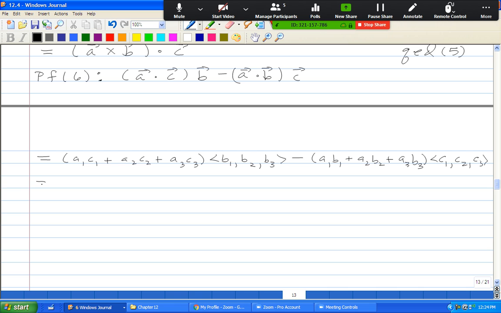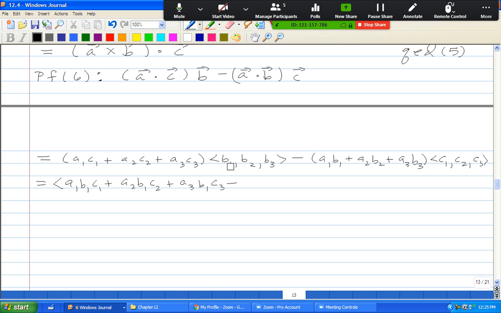Okay. So this is equal to, and maybe I'll write it this way. So this is A1 B1 C1 plus A2 B1 C2 plus A3 B1 C3.